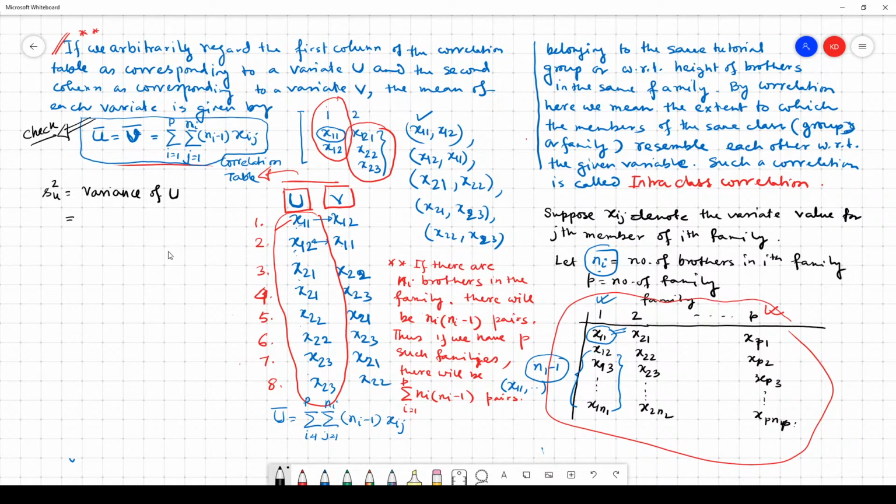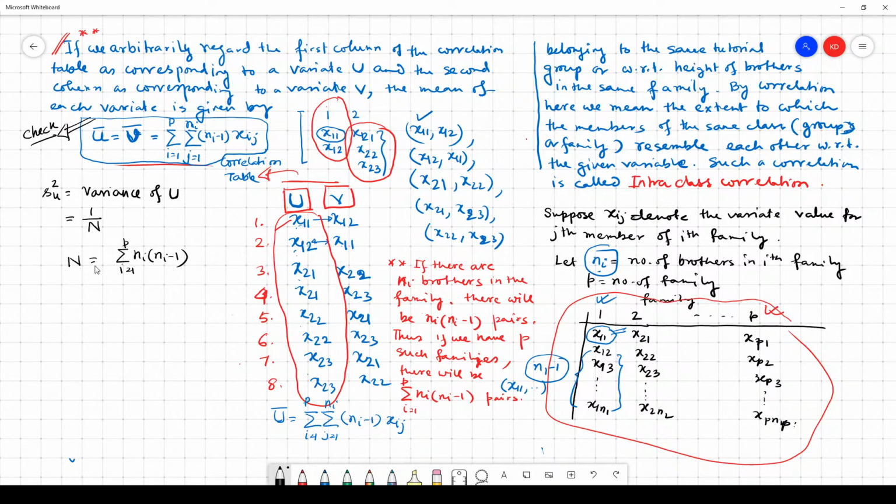So SU squared, which is the variance of capital U, should be 1 by n, where n is the total number of pairs, that is ni into ni minus 1, sum over i from 1 to p.